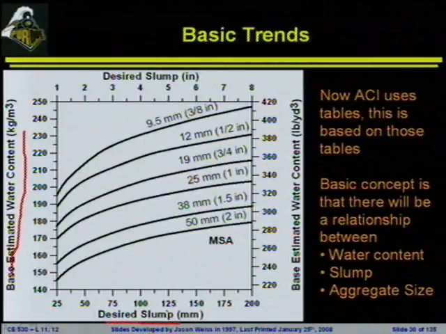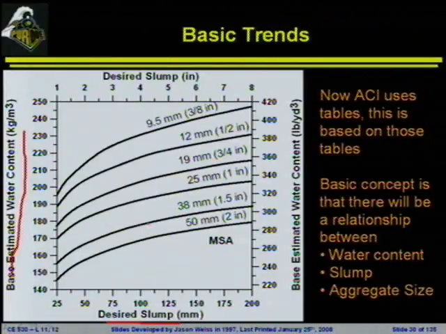You will notice that there are a series of curves. These curves all have a number on top of them. That number is the maximum size of the aggregate. So when you go into ACI 211, you will see a table that contains the exact same information that's here. The basic concept is that there's going to be some relationship between the water content, the slump, and the aggregate size. And that relationship is demonstrated in this picture.